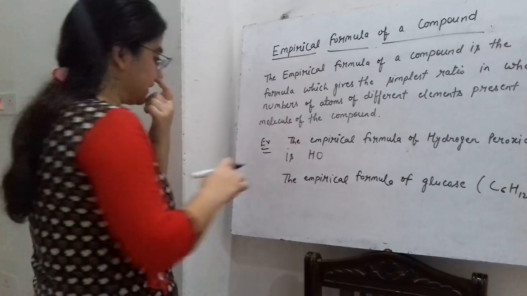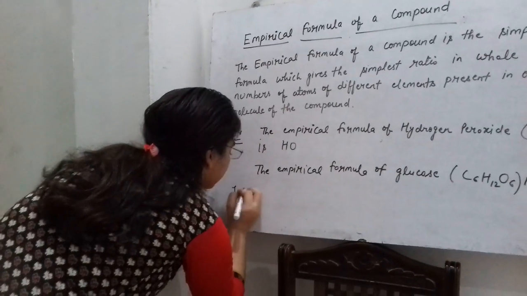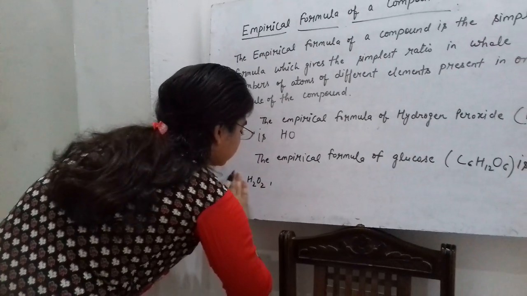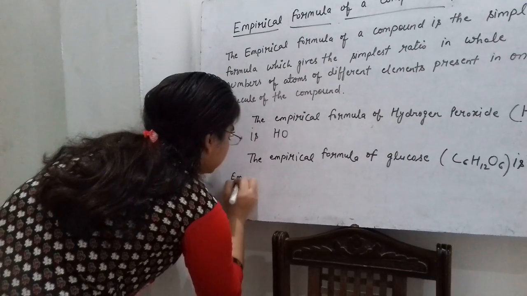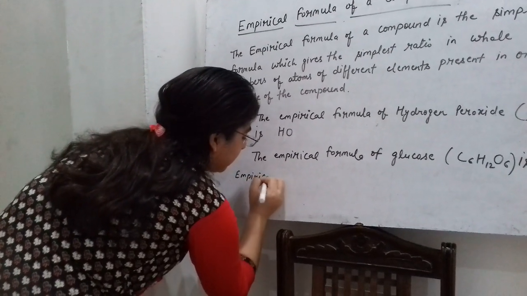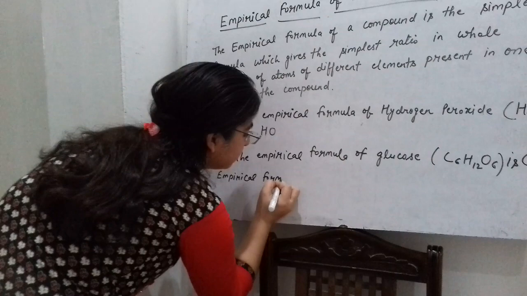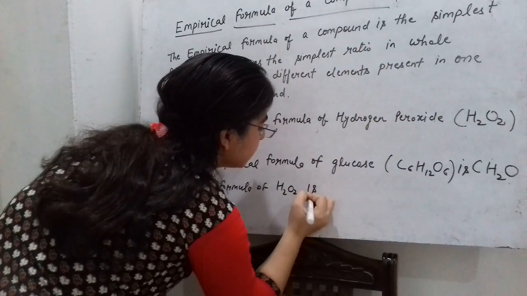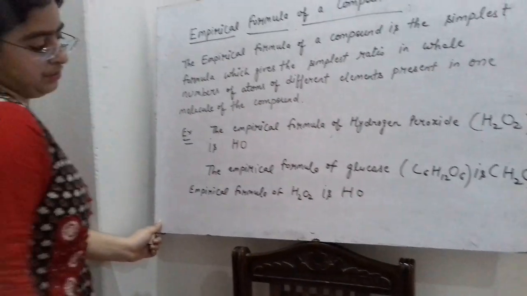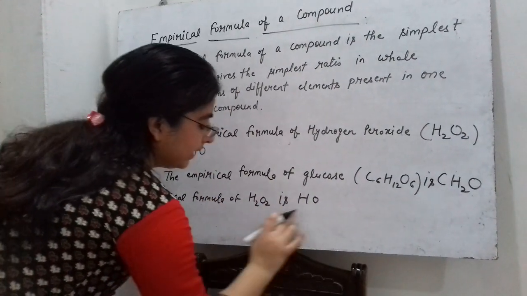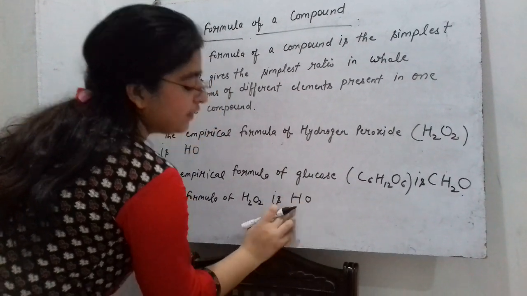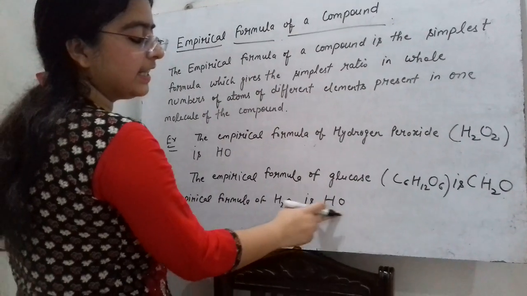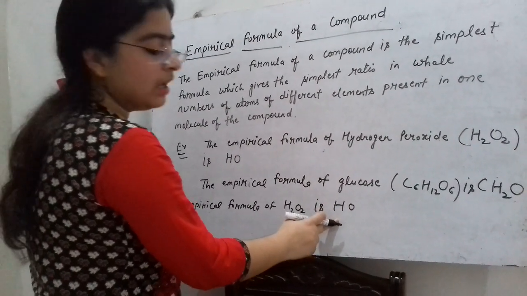Let's take here, since the empirical formula of H2O2, hydrogen peroxide, is HO. Now in order to calculate the empirical formula mass, we will add the relative atomic masses of different atoms which are present in the empirical formula of the compound.